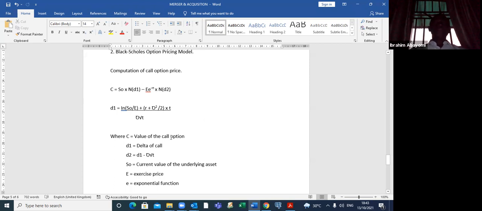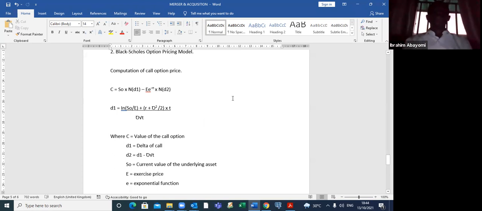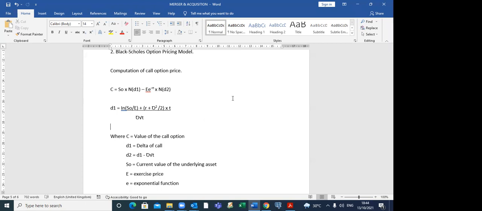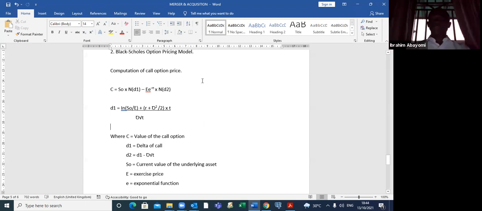Now, when you have the value of your call option, for instance, if what you want to value is a put option, you don't need to start calculating the put option price first. You can calculate the call option price. When you get your call option price, then from the call option price, you can get your put option price.